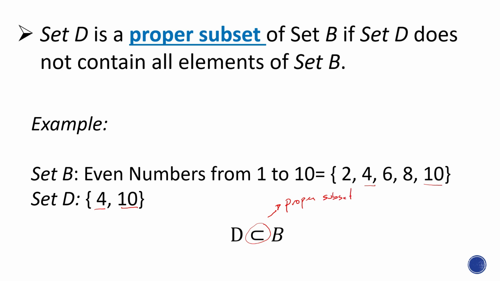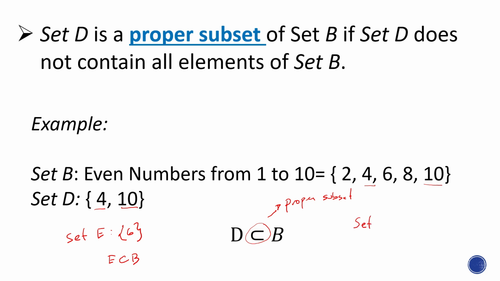And we can actually have a lot of proper subsets here. So let's say we have another set, and let's name that set E. And for example, the element of that is only, let's say, 6. So set E, all right, is also a proper subset of B. Last example.